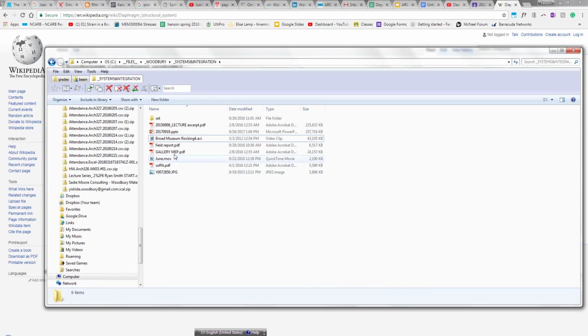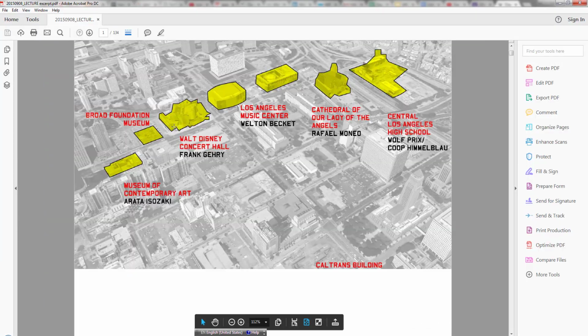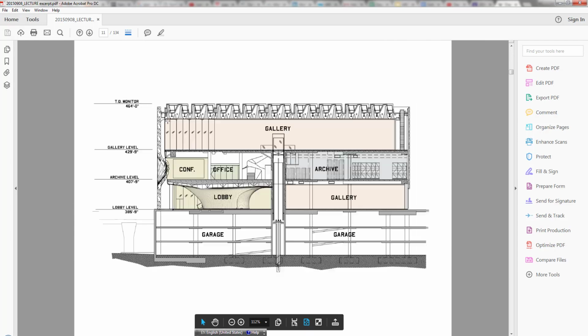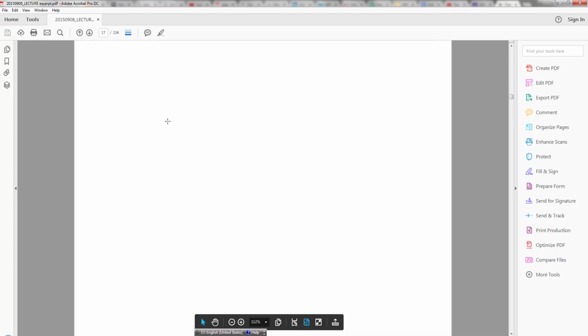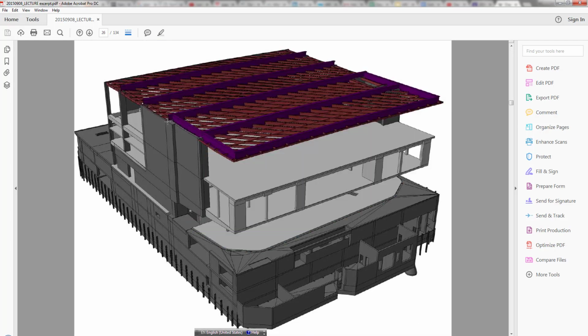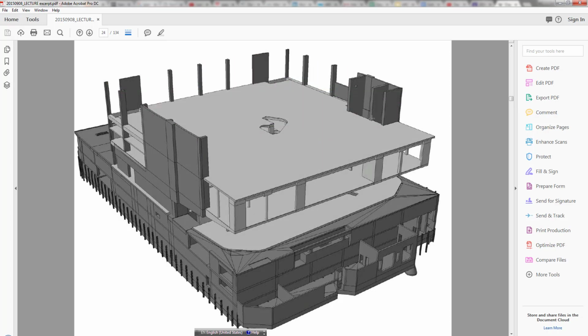I guess pretty much the only building I can talk about with full detail is the Broad Museum, which you've probably seen me talk about 100 times. In this case, this is fairly peculiar actually, but we have a shear wall on this side and on that side too, right?